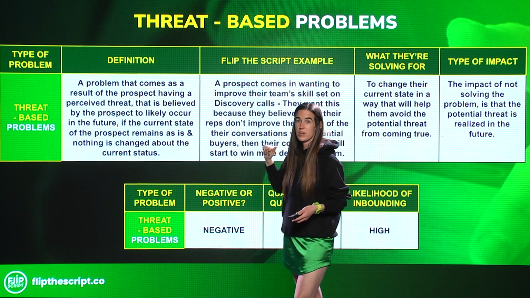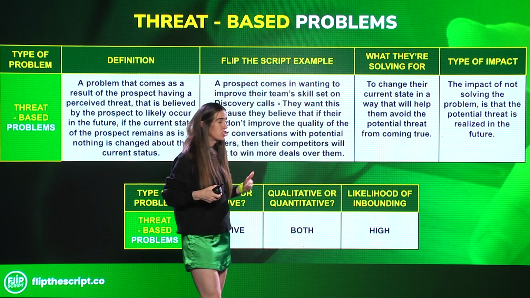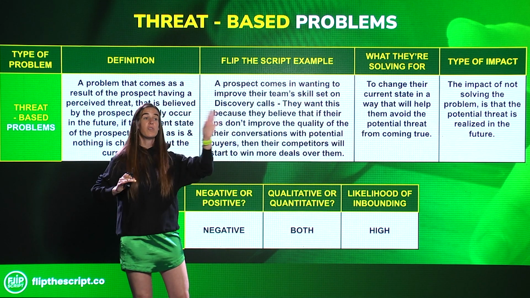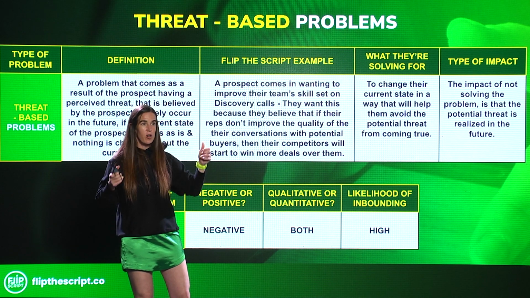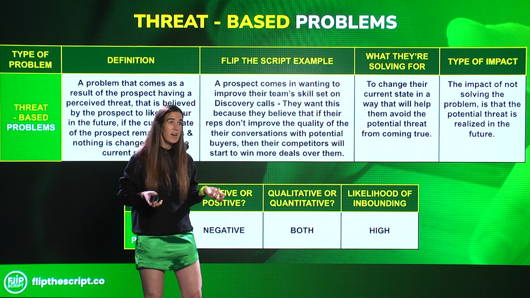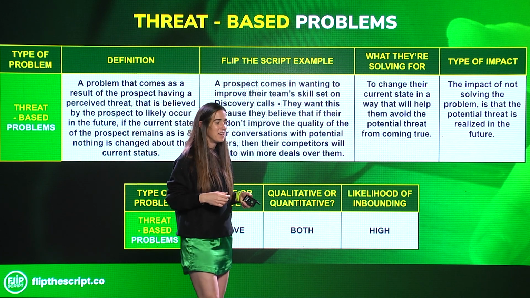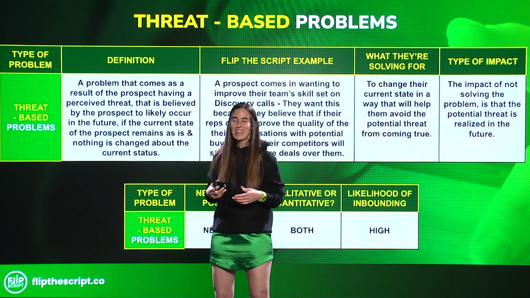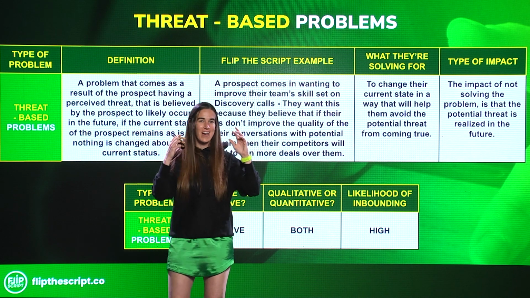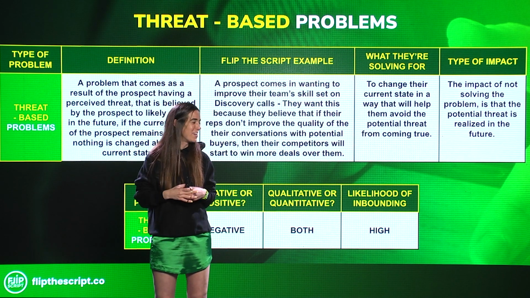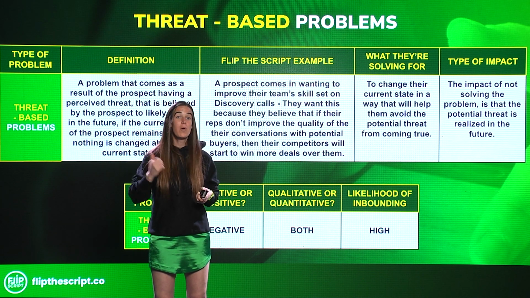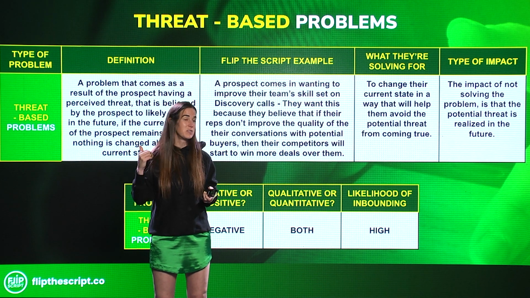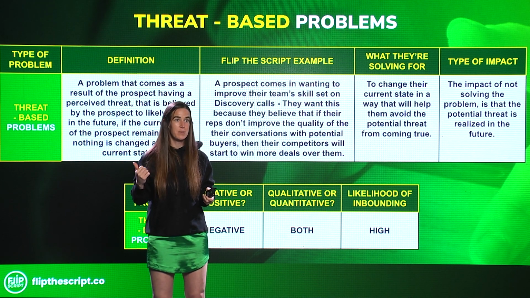So what you're solving for in this case scenario is to change the current state in a way that helps avoid the potential threat from coming true. So that is the hallmark of you did a good job. The reality is kind of the kicker, I'm looking for another idiom to say, but the thing that kind of stinks is you won't ever know if it was because of the work you did or because it was never going to come true to begin with.